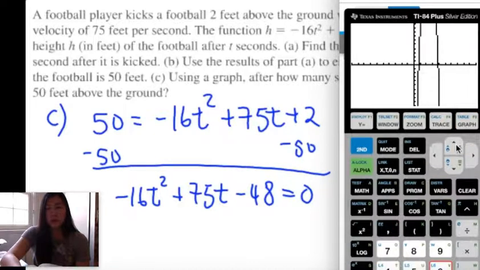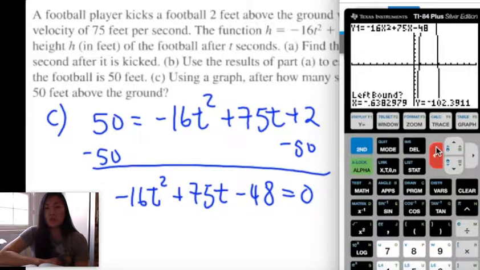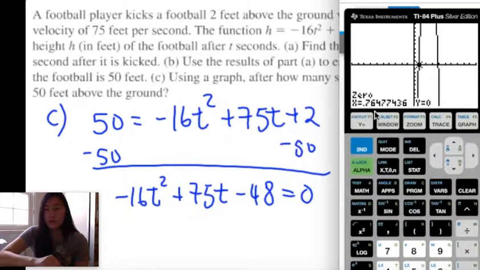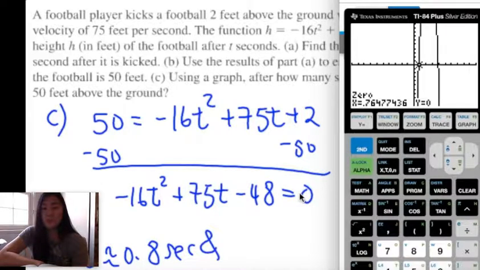So this is the graph I get. I'm going to look for the zeros of the function, which is second calc, number 2. I need to find my cursor, so just move slowly, and you see that it's moving a lot quicker. I'm going to do left bound, right bound of that zero, and I can round it to 0.8. Let's round to the nearest tenth. That would be one of the zeros where my football will reach 50 feet above the ground, 0.8 seconds.